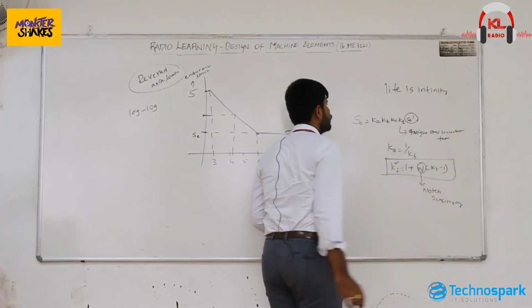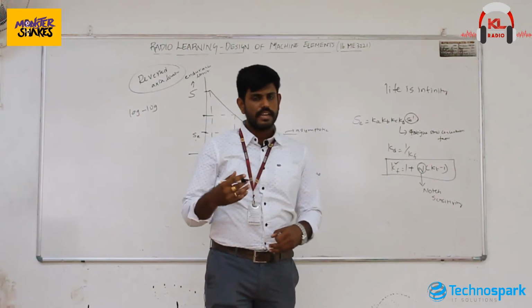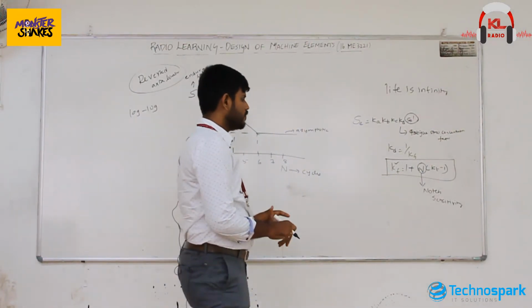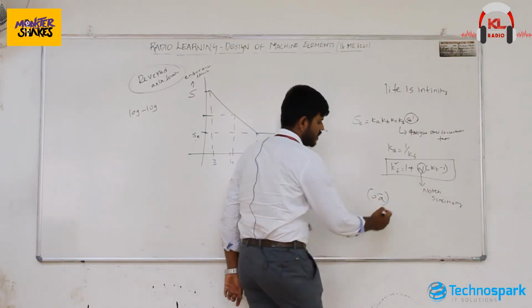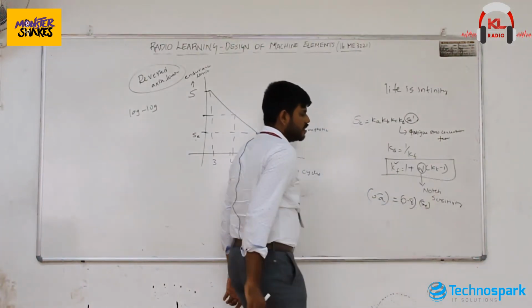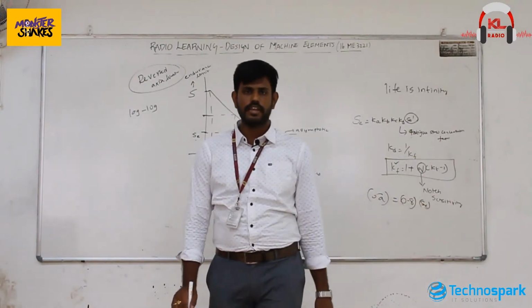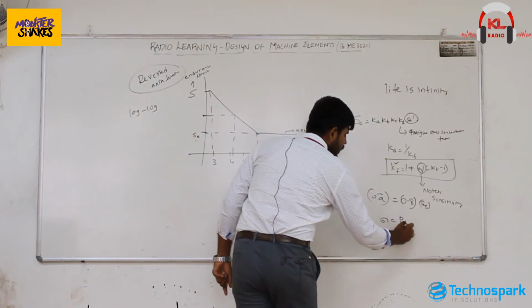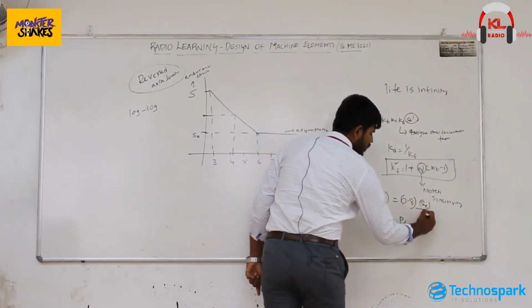When the life of a particular machine component is infinity, we use certain direct thumb rules: axial stress is equal to 0.8 times the corrected endurance limit. You can take it directly, and you know that stress is equal to P by A. If you have a factor of safety, include the factor of safety here.